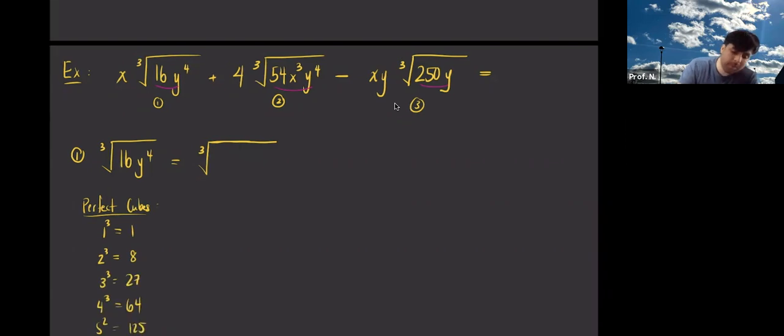These numbers are the ones that you should know: 1, 8, 27, 64, 125. So what number divides 16 that's a perfect cube? It's not 12, it's 8. 8 times 2. 8 is a perfect cube.